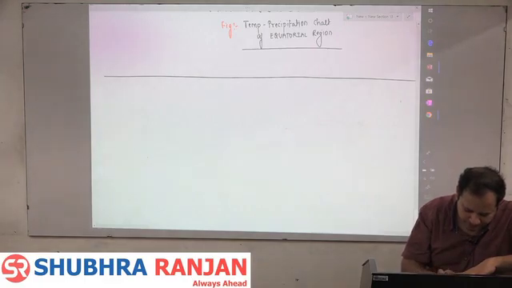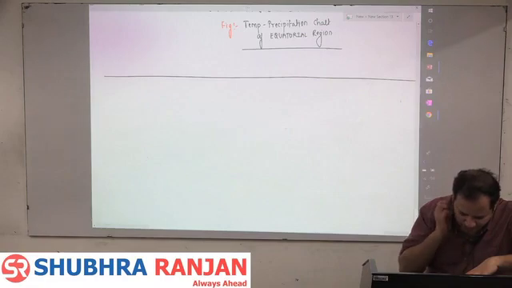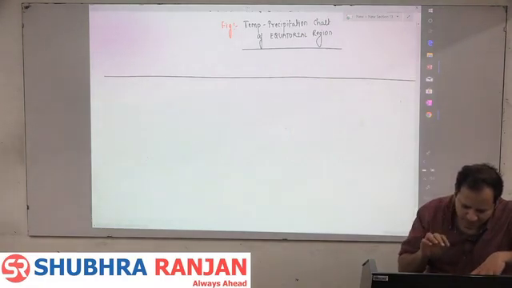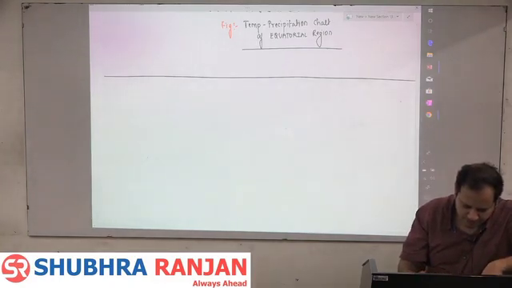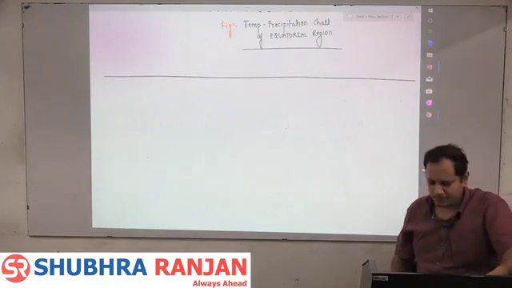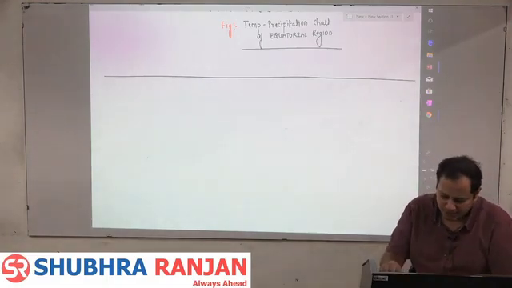Next point. Convectional rainfall is less favorable for crop growth because such heavy rainfall is associated with soil erosion and degradation.